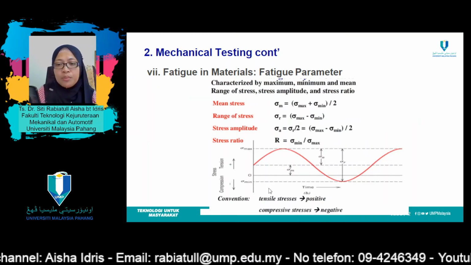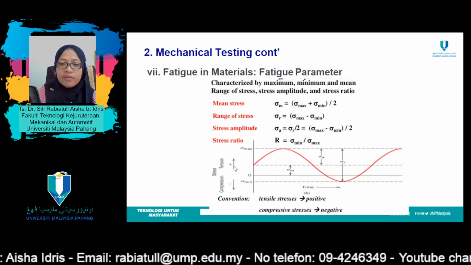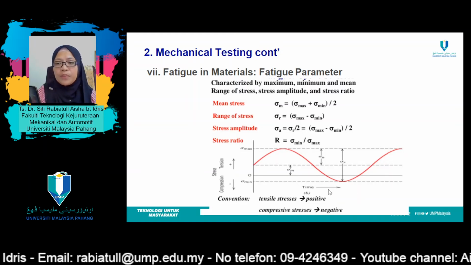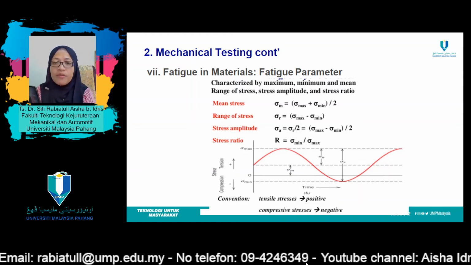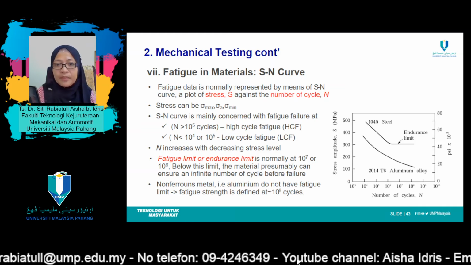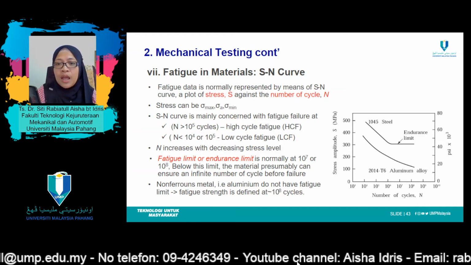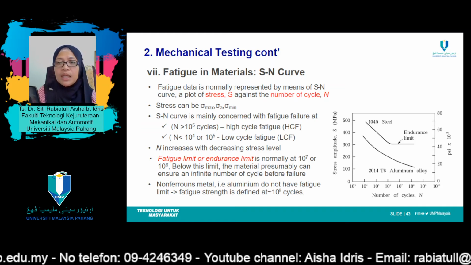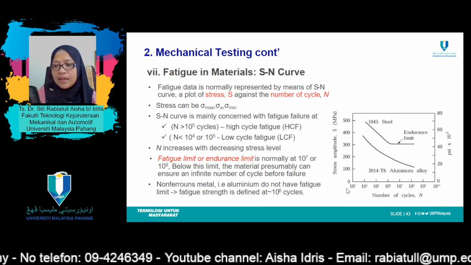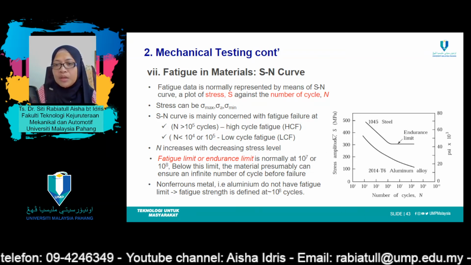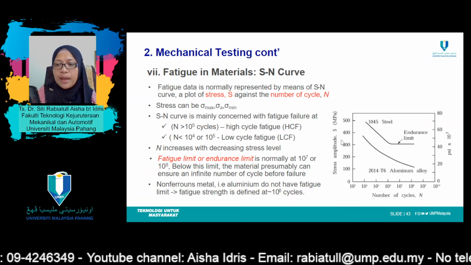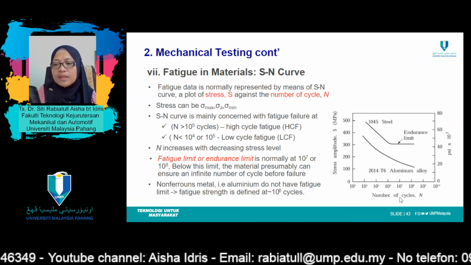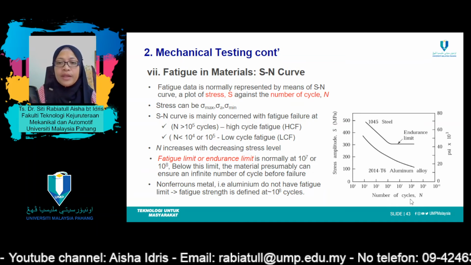After that, we should be able to get this type of graph with the parabolic shape over here. And as for fatigue data, normally it is represented like this: stress amplitude, with the symbol S, versus number of cycles N over here.